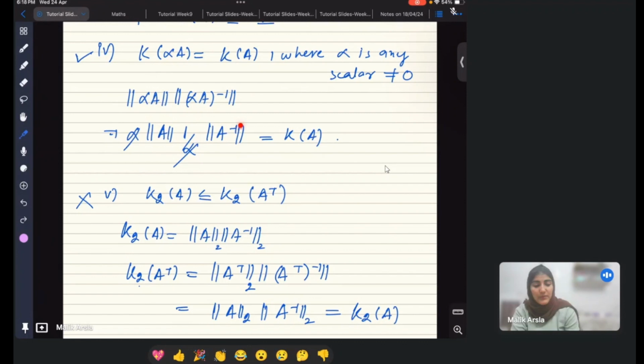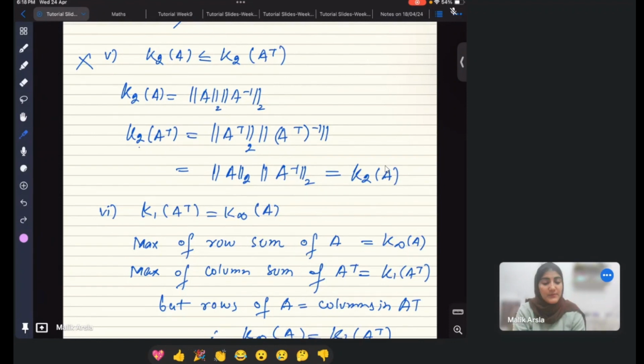Now for the fifth statement, we are given that K2 of A, the condition number of A, is less than or equal to the condition number of A transpose, K2. You have to see it for K2. The condition number of A is 2 norm of A into 2 norm of A inverse. Keep in mind that if it is given K2, then the norm associated with it is the 2 norm.